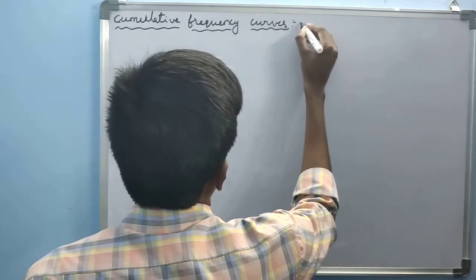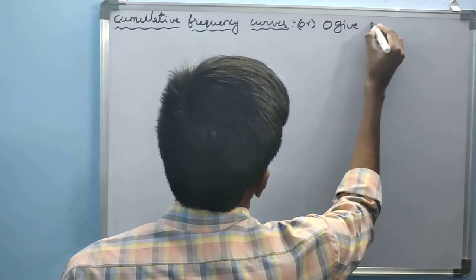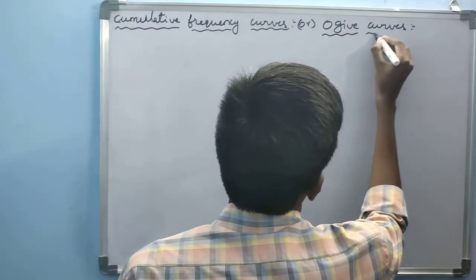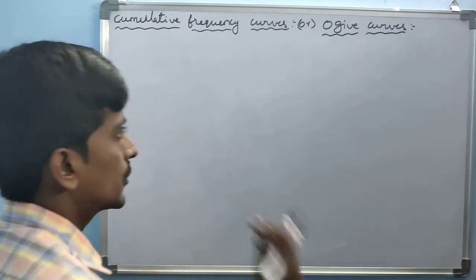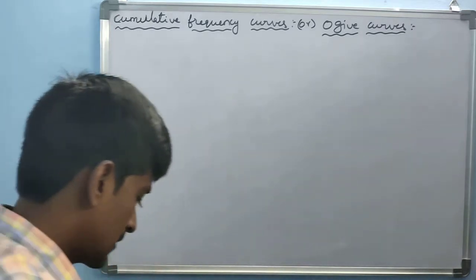These cumulative frequency curves are also called ogive curves.